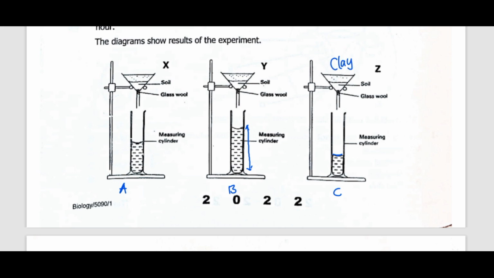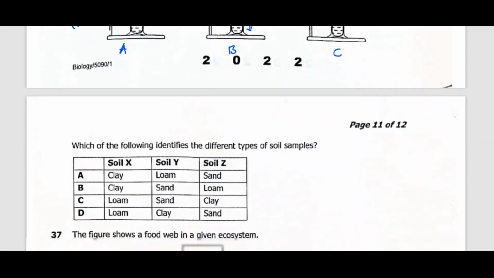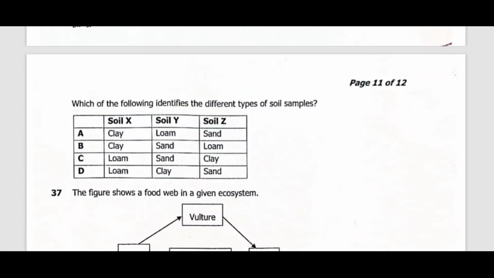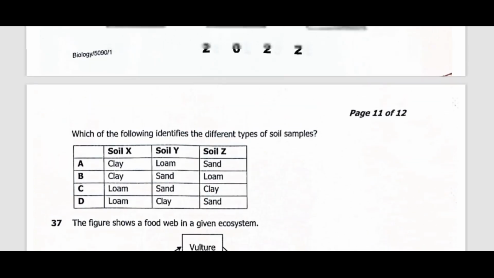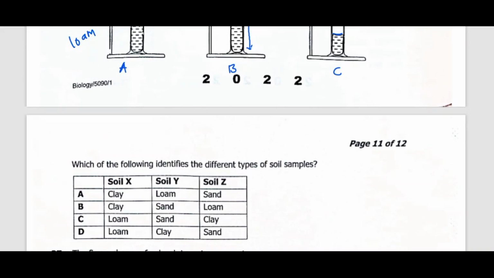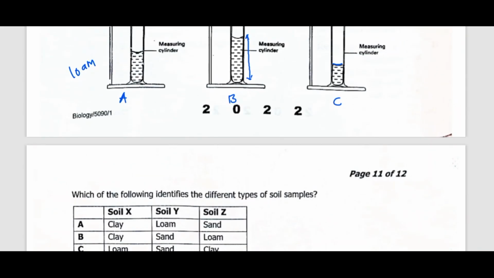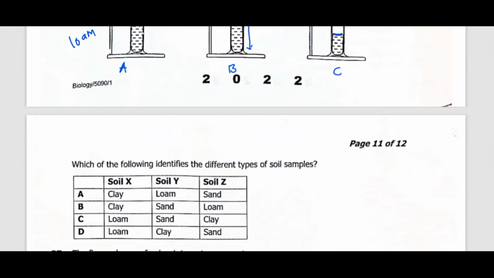Then for Y, this should be sand, because sand has the lowest water retention. Then here we are expecting to have a loam. Then let's look at which of the following identifies the different types of soil. We said X is loam, then sand. So the answer here is C.